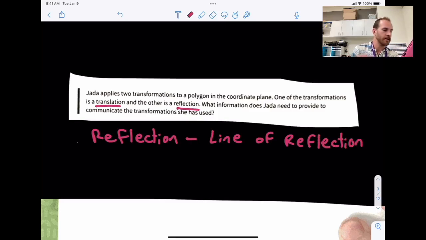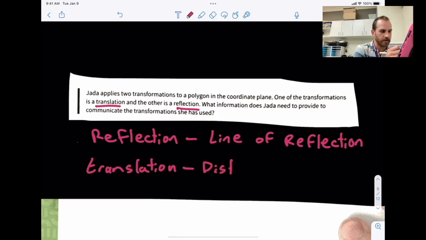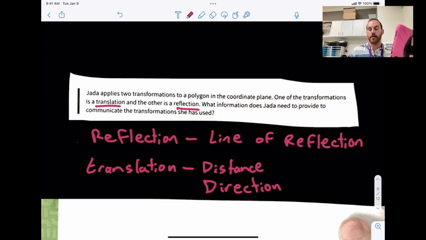Great bit of information. Now for a translation, all you need to know is the distance we're moving and the direction we're moving. Those 2 things are all you need for a translation, and that one thing is all you need for a reflection. So, congratulations, you've completed the video and the lesson.